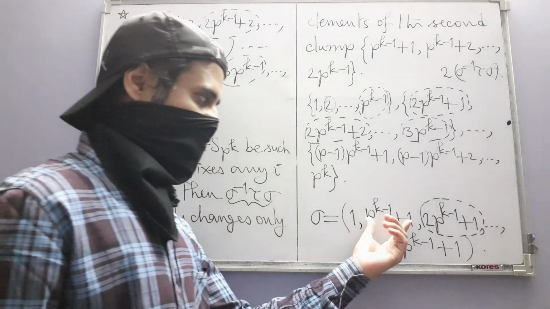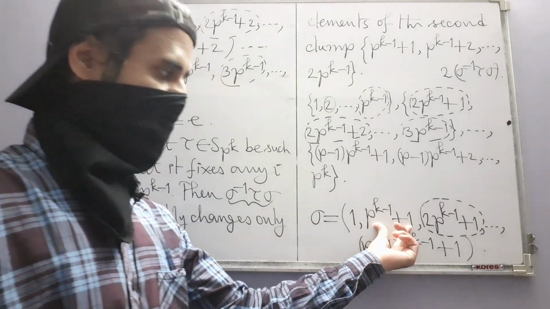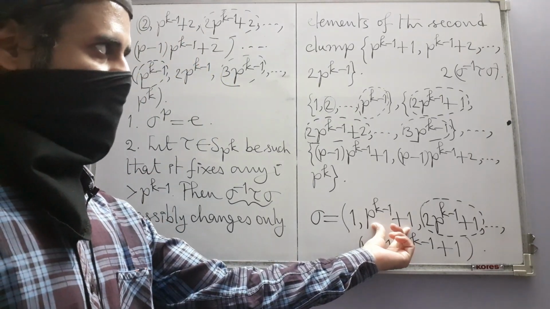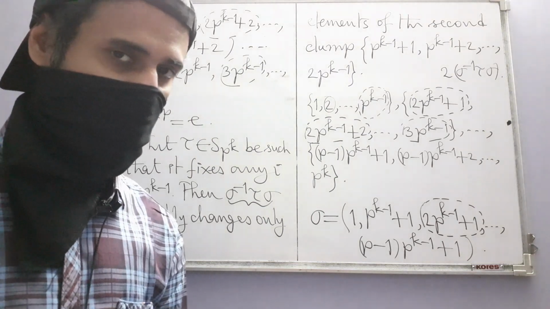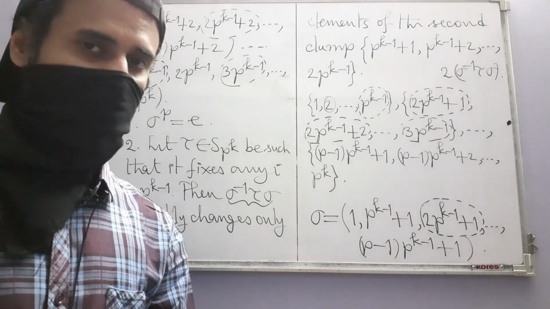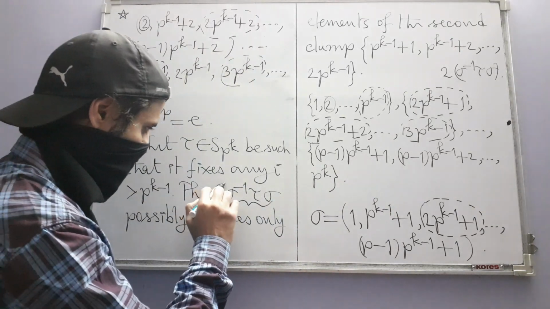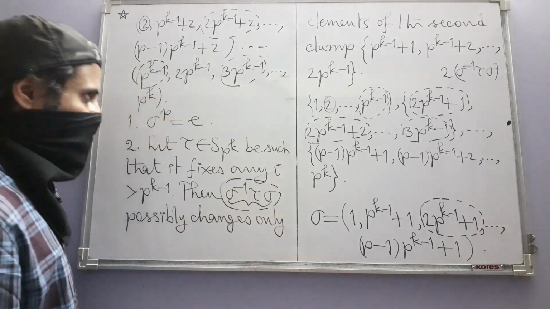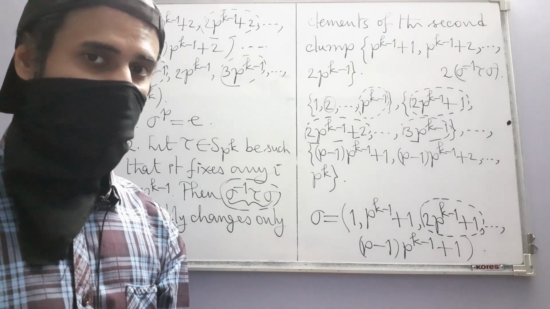In fact, this is the most dangerous situation as far as something that may be changed by tau is concerned, but this is the closest we can come. So that's why sigma inverse tau sigma possibly changes only the elements of the second clump.